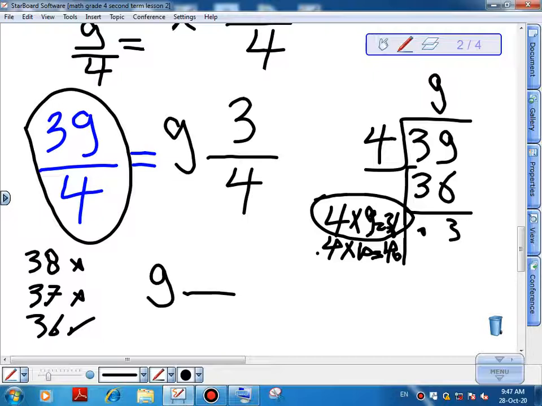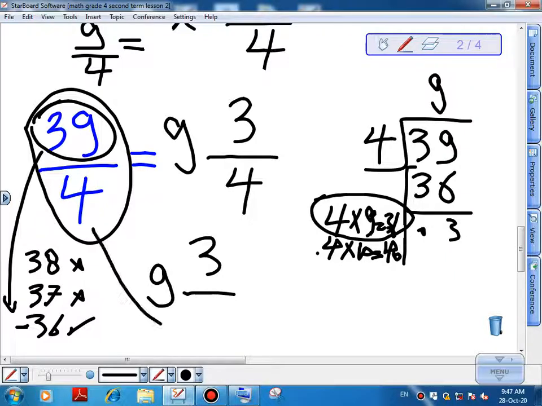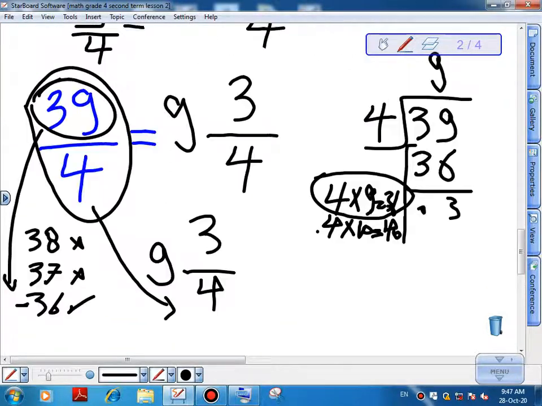And the difference between 36 and 39 is equal to 3, we put 3 in the numerator, and the same denominator 4. Okay? You choose any simplest method.